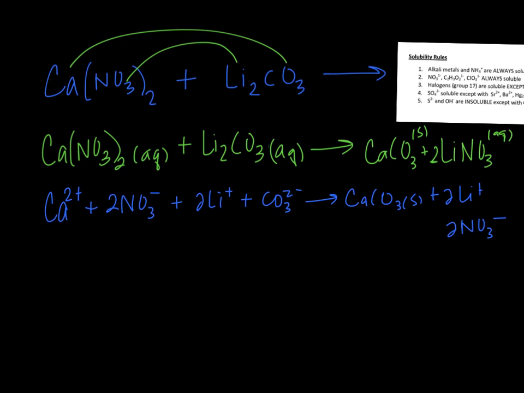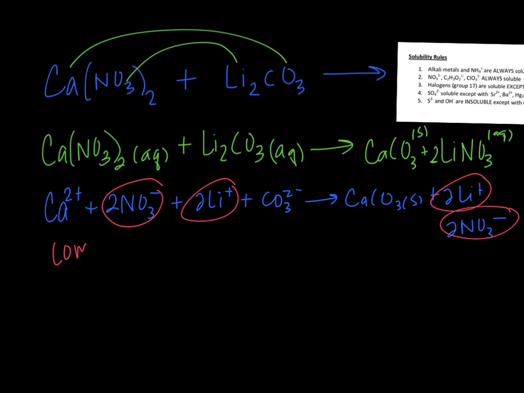And so next I identify my spectator ions, and my spectator ions are going to be nitrate and lithium because they're ions on both sides. And so that's my complete ionic equation.